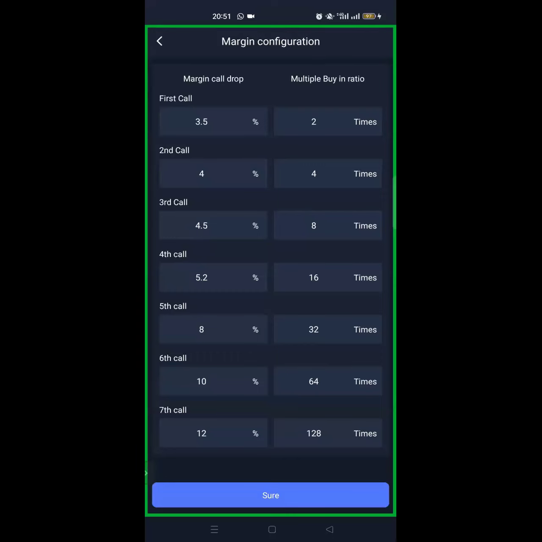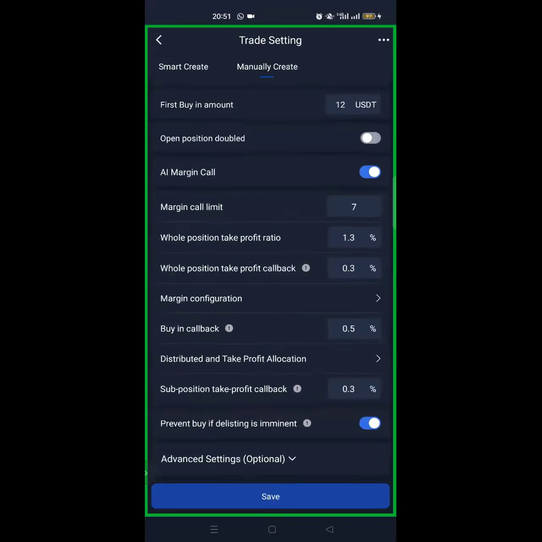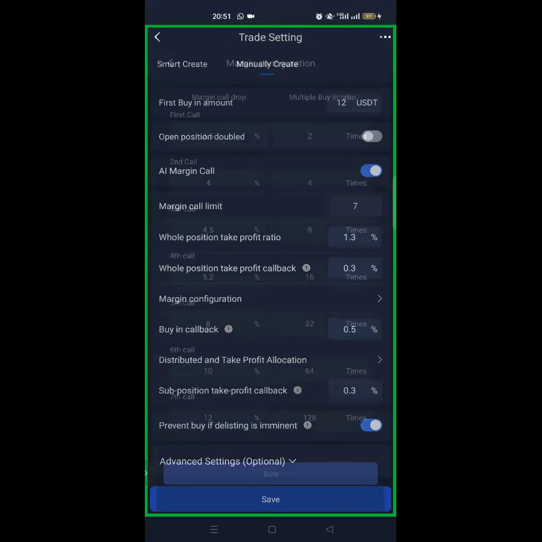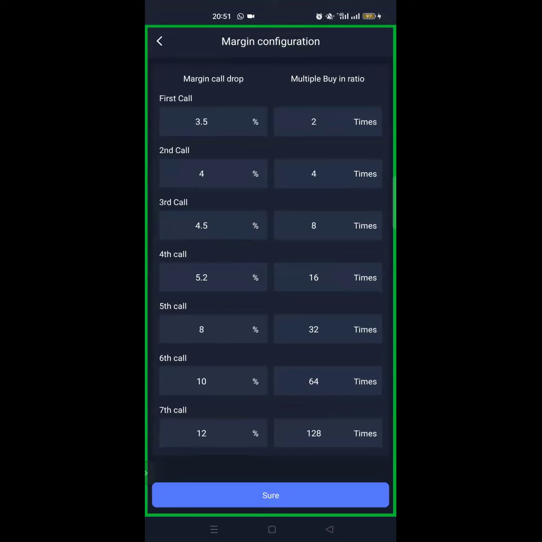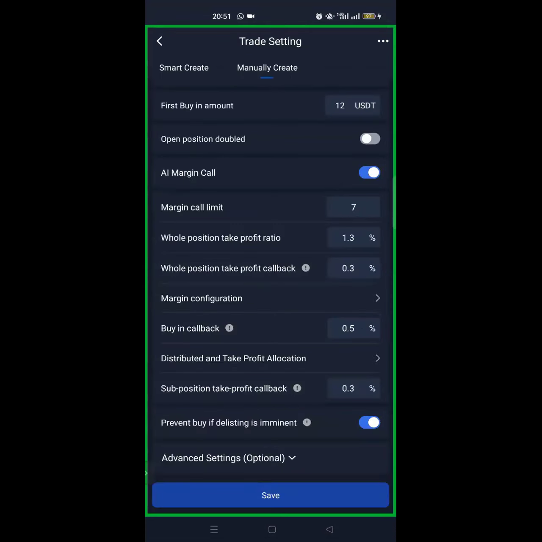So the first drop here is 3.5, meaning you are telling the robot that if the coin that you're trading in drops by 3.5%, it should buy. But if your AI margin call is on, it discards it.